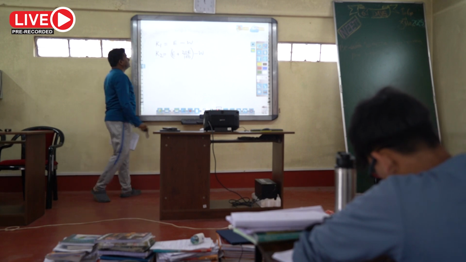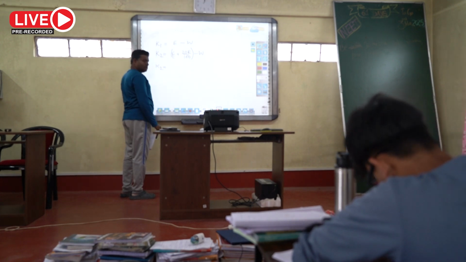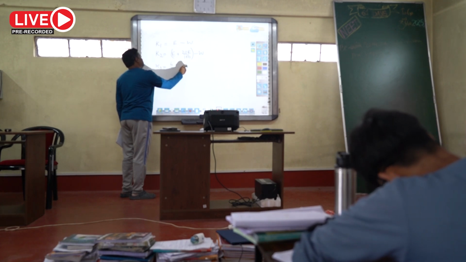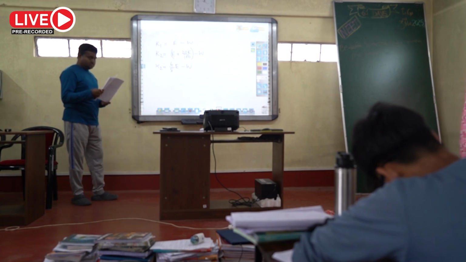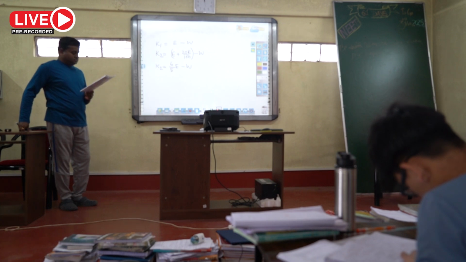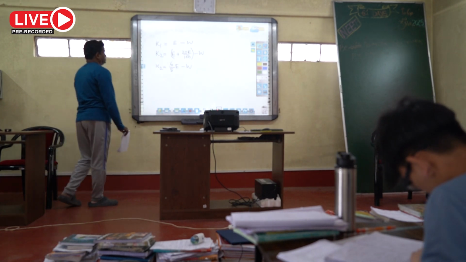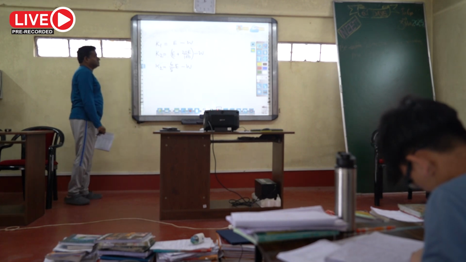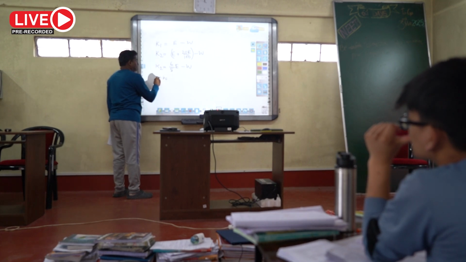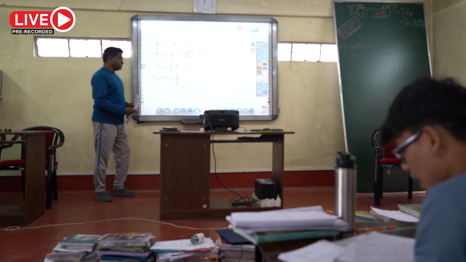Then we can write K2 equal to this one, that is 120E by 100. 120E by 100 means 6 by 5 E minus W. Then from this eliminate E to find W. So we can write K2 plus W equal to 6 by 5 into E. That E is K1 plus W. So I will substitute.